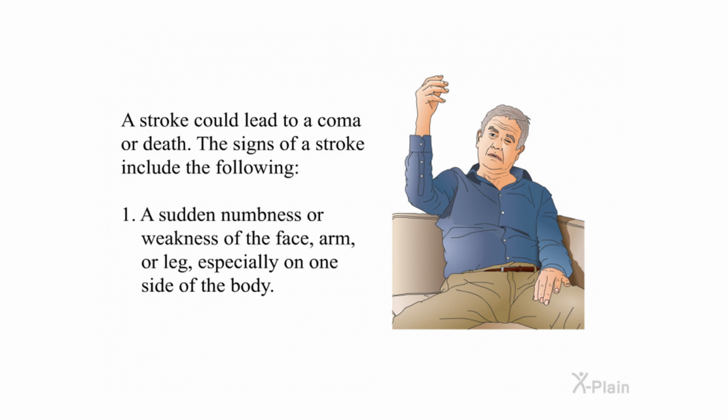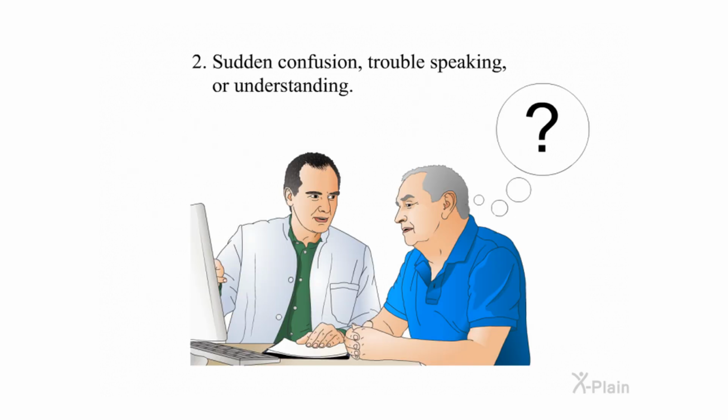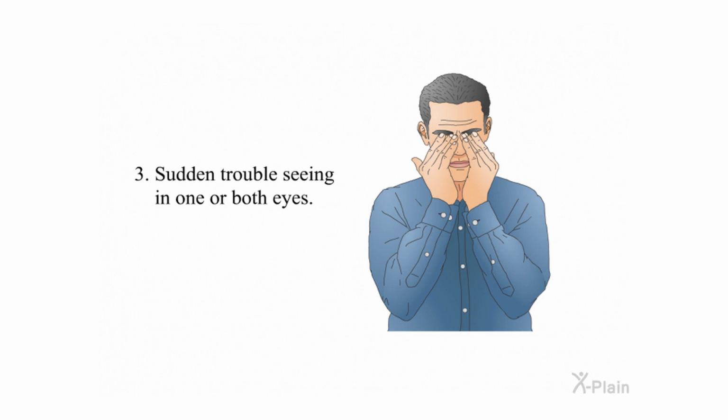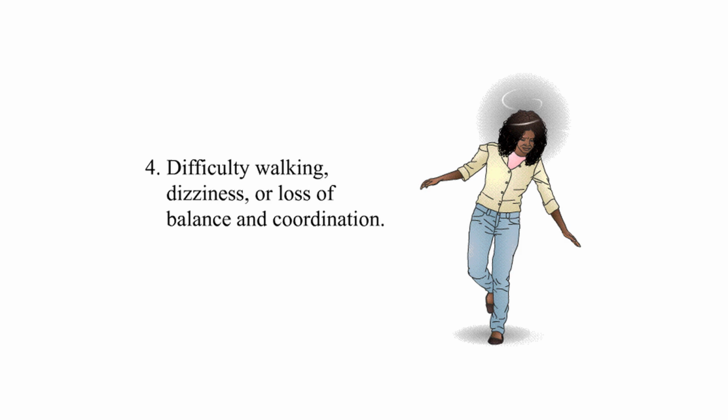The signs of a stroke include the following. 1. A sudden numbness or weakness of the face, arm, or leg, especially on one side of the body. 2. Sudden confusion, trouble speaking or understanding. 3. Sudden trouble seeing in one or both eyes. 4.